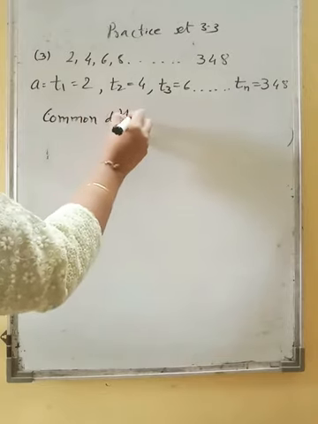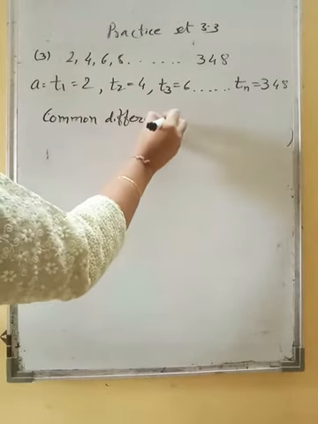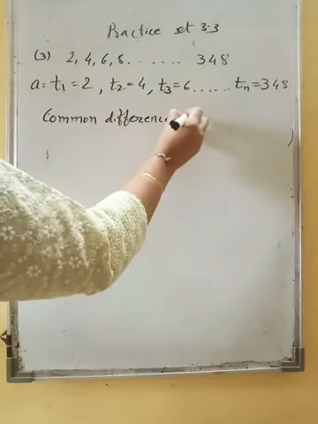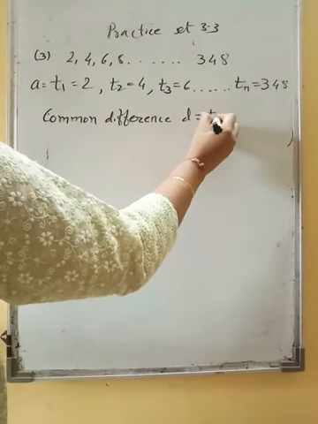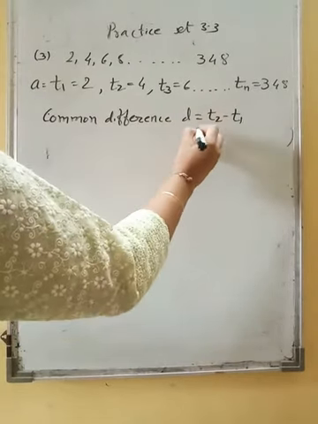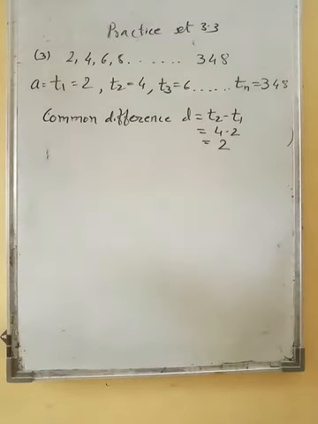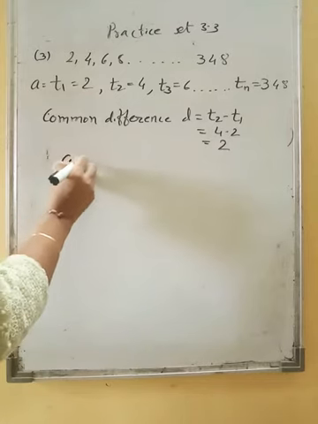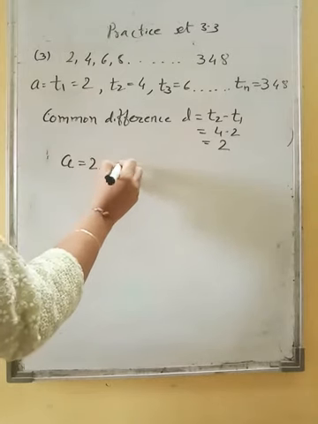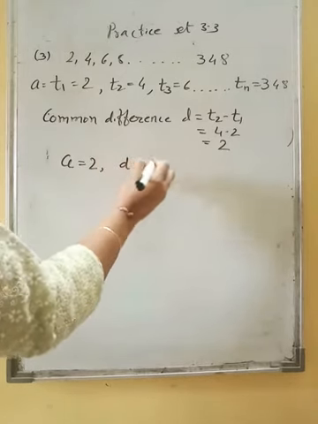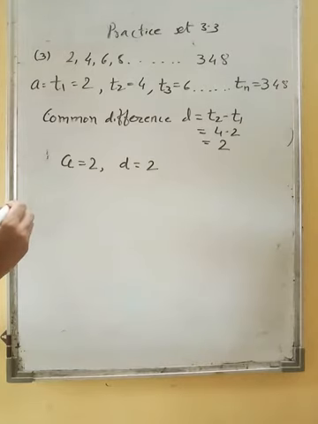Common difference D is equal to T2 minus T1. So that is 4 minus 2, it is 2. So I am having A is equal to 2, D is also equal to 2.